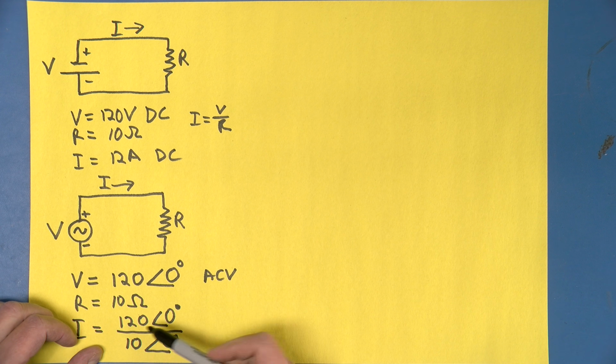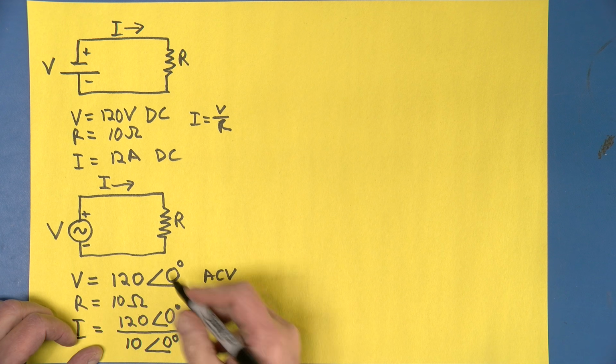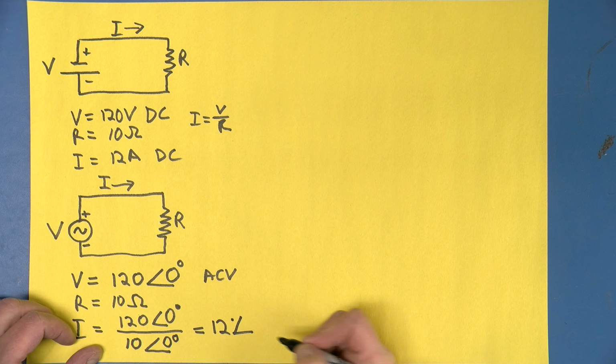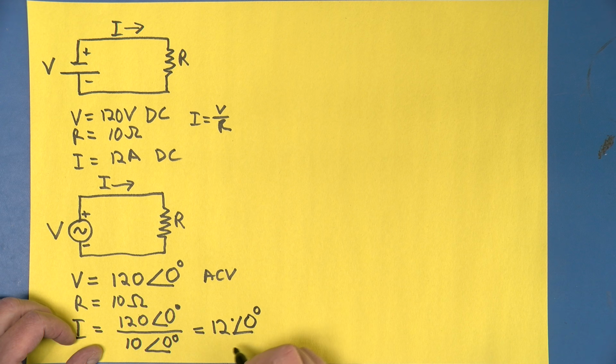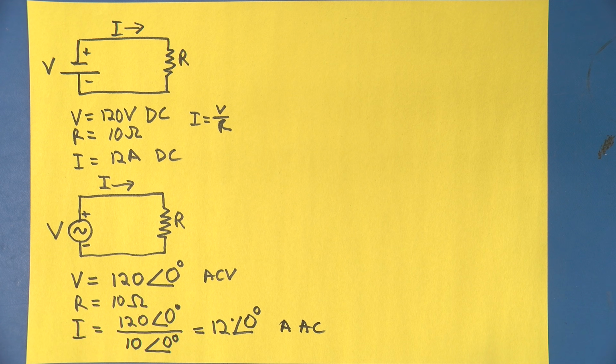And it turns out that if we do the division here, we end up with, surprise, surprise, 12 amps, and that 12 also has an angle of 0 degrees. And so it's basically 12 amps AC, like that.